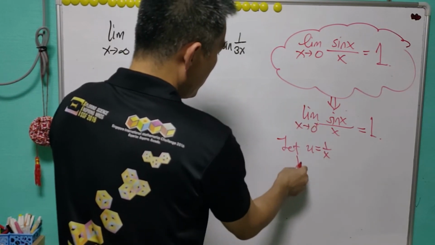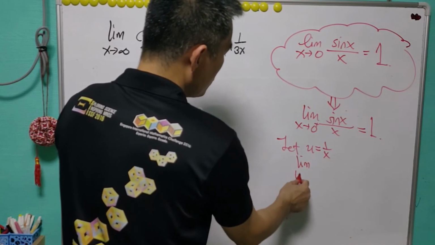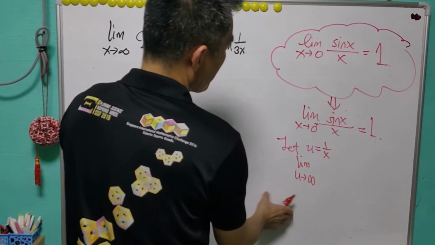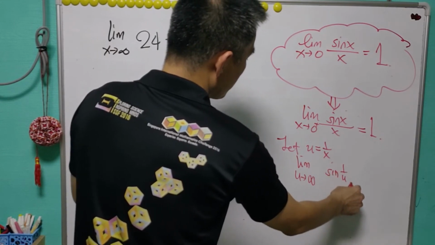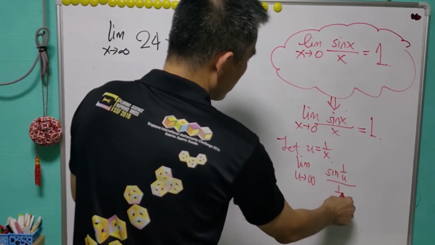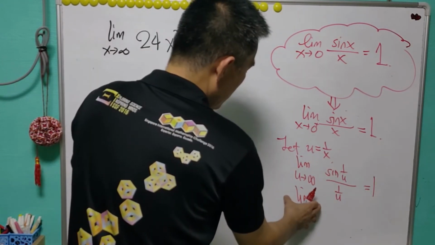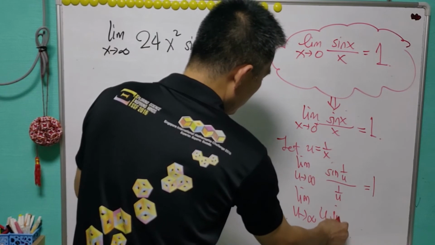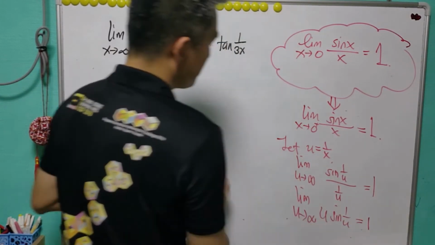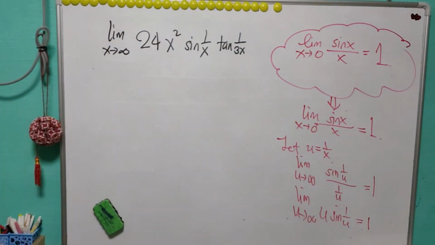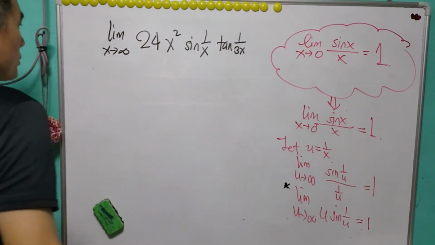So when x tends to 0 plus, u will tend to positive infinity. And sine x over x is equal to sine 1 over u over 1 over u. So this will mean that the limit of u sine 1 over u when u tends to infinity is actually equal to 1. And this is an important idea to solve question 3 today.